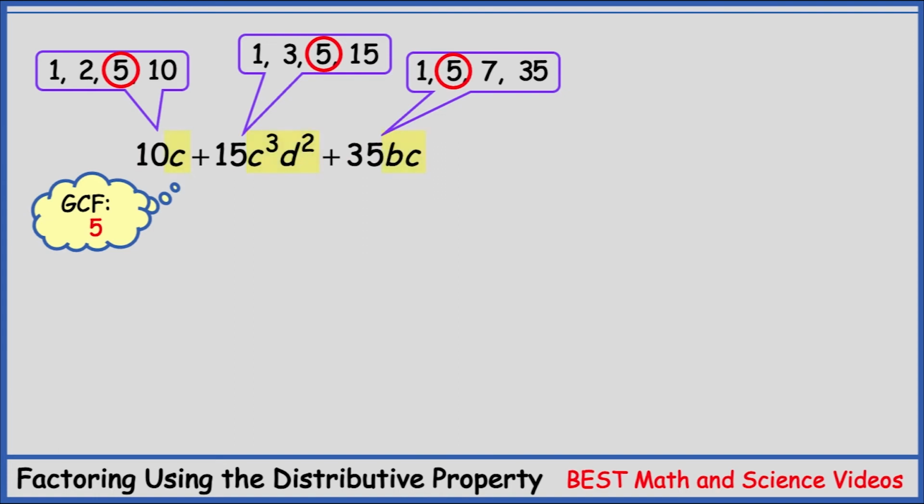Now look at the variables. The first term has just c, and the second term has c cubed d squared, and the third term has bc. What do these have in common? Just one c. So the greatest common factor of the entire expression is 5c.